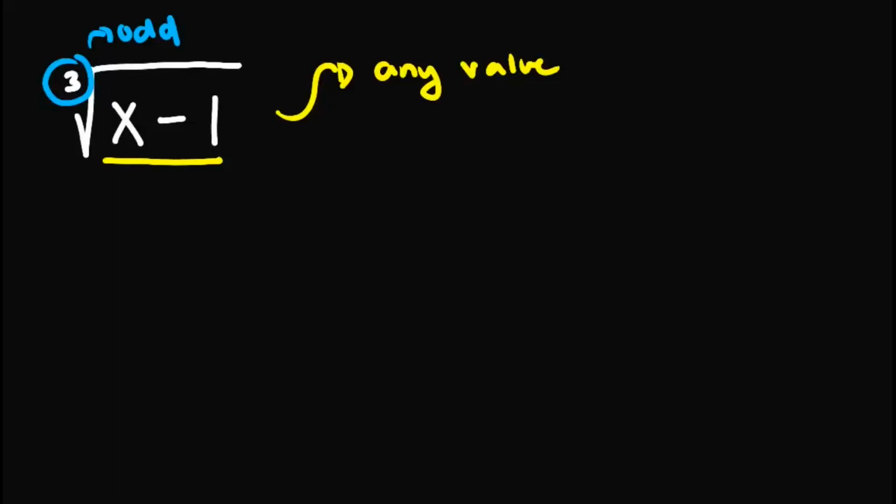Since the expression inside is just a polynomial, and for polynomials the domain is all real numbers, we say that the domain here is simply all real numbers, or x is in all real numbers.